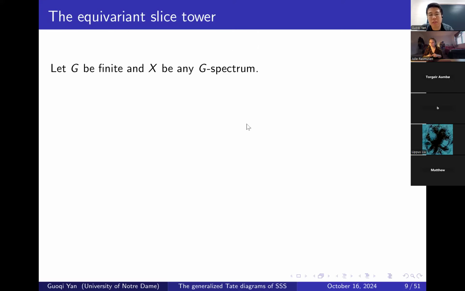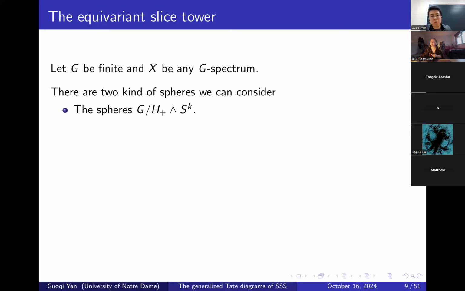So here's some background on the slice filtration. Let G be a finite group and X a G-spectrum. Then there are two kinds of spheres that we can consider. The first one is the permutation spheres. Here S^k is the k-dimensional sphere with trivial G action, and G/H is a coset. So the G action on this thing is purely on the left factor.